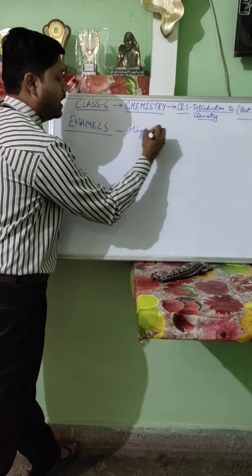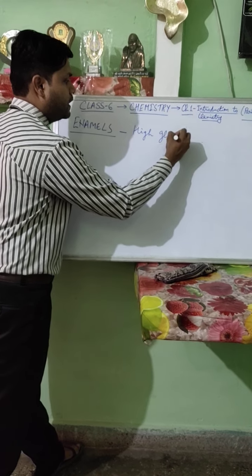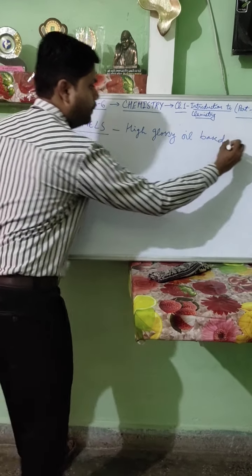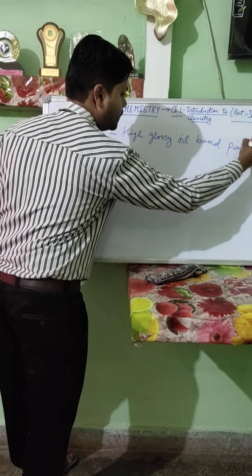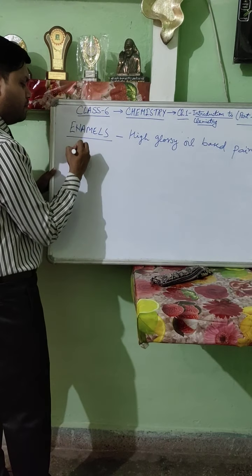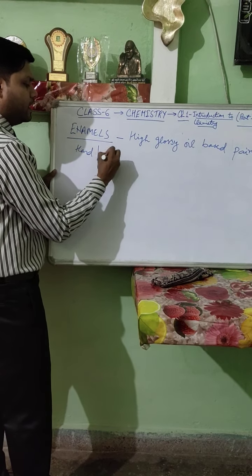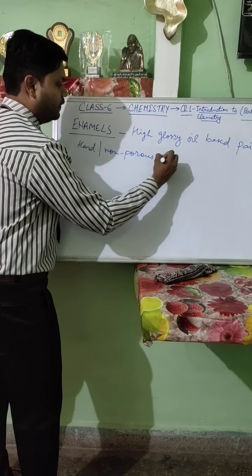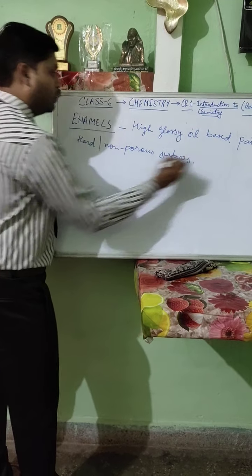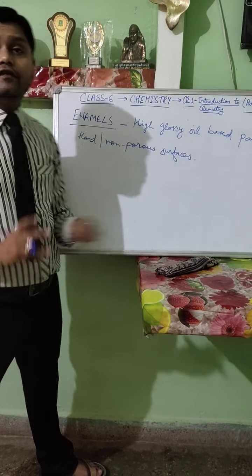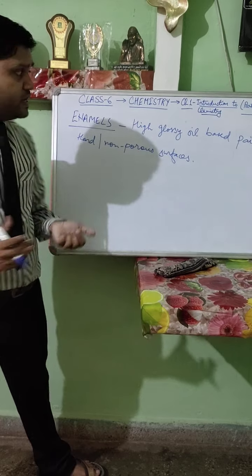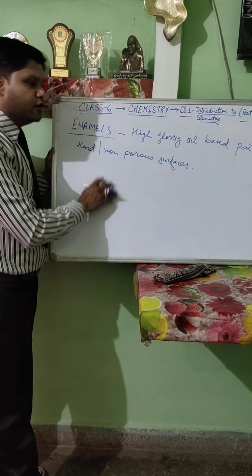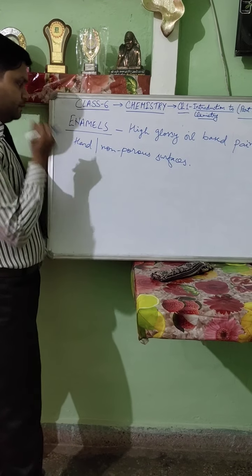They are high glossy, oil based paints which are used mainly on hard and non-porous surfaces. They are also a type of paint only, but very glossy and shiny, oil-based, and used on hard, non-porous surfaces.